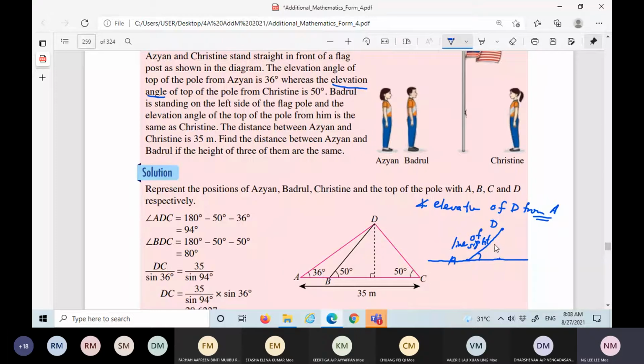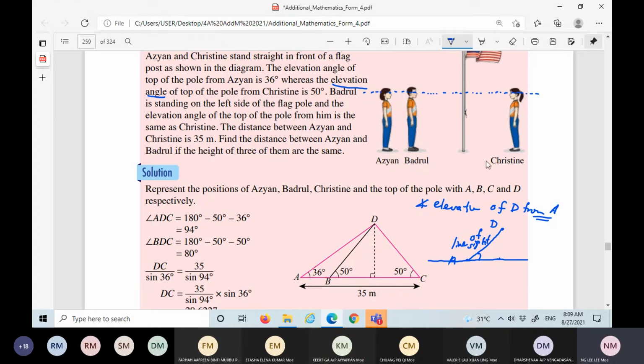Okay, so you look at this diagram. In this question, they give you three angles of elevation of D, but from different people: from A, from B, and from C. Then here they assume that the heights of these three people are the same, which means their eyes see the horizontal line here.